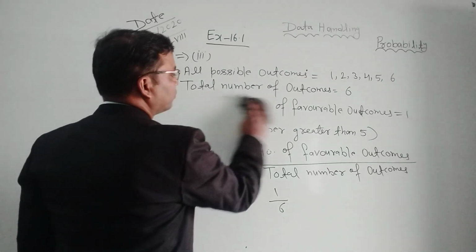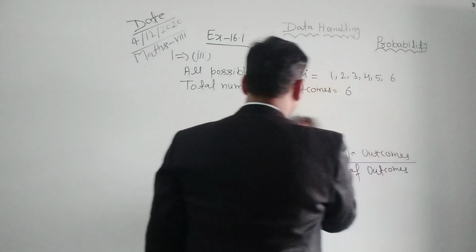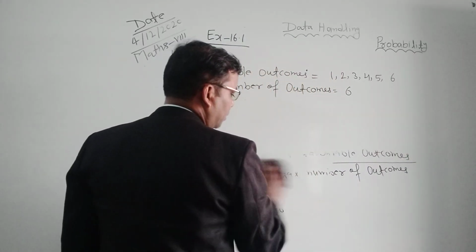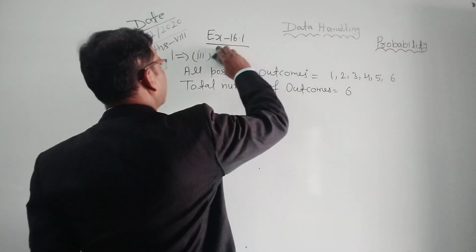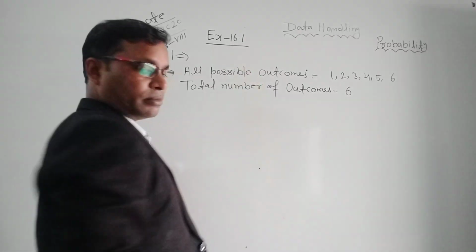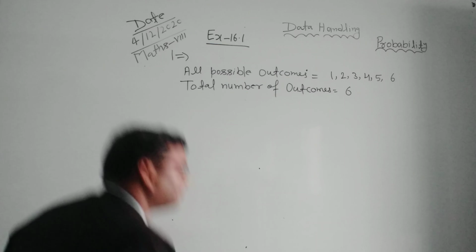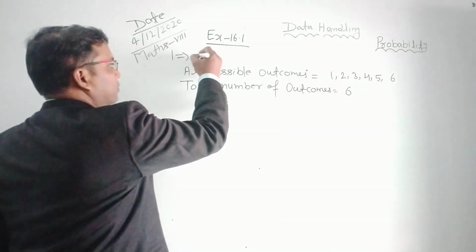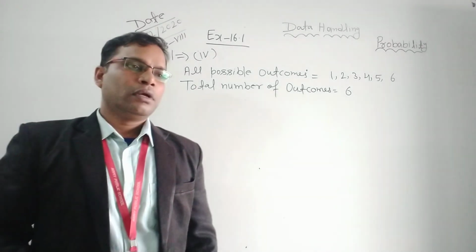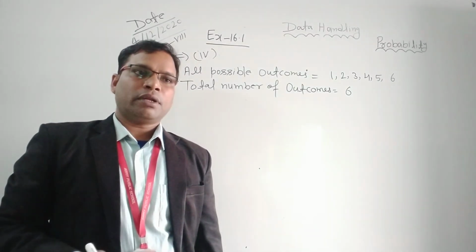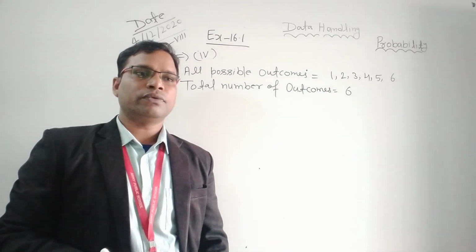So here also, when we throw our dice, all possible outcomes are 1, 2, 3, 4, 5, 6. Now see the fourth part of this question. All possible outcomes which are not greater than 5 are 1, 2, 3, 4, 5.